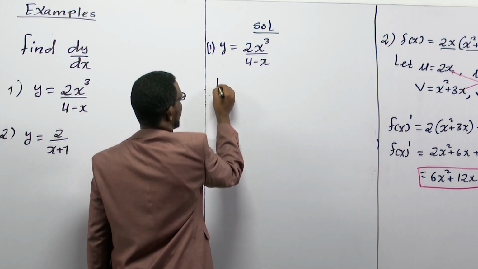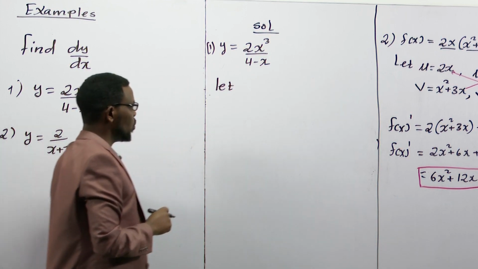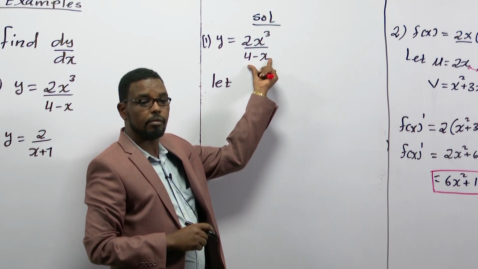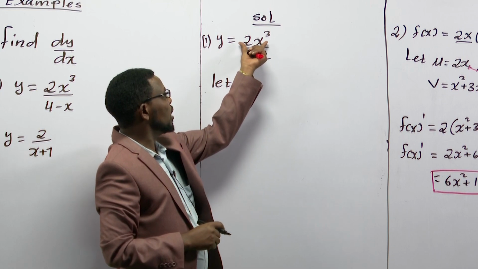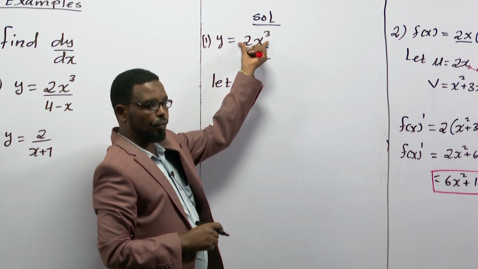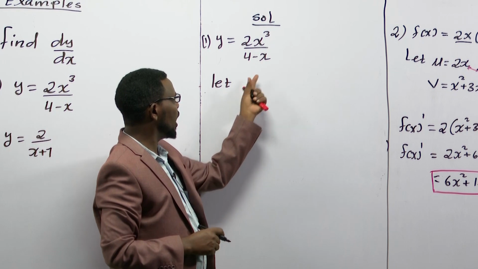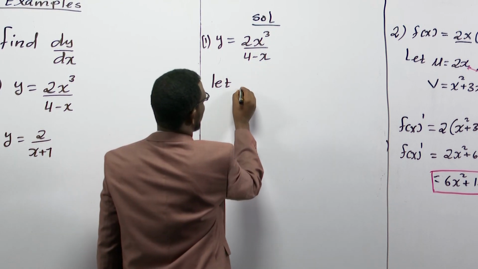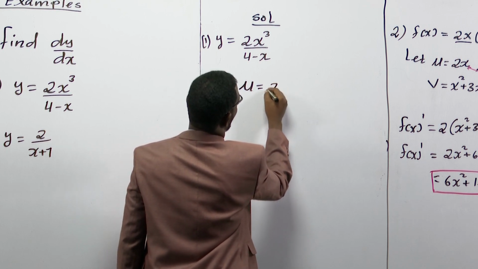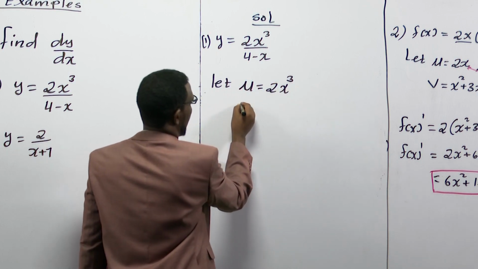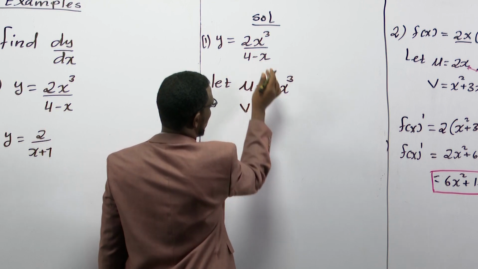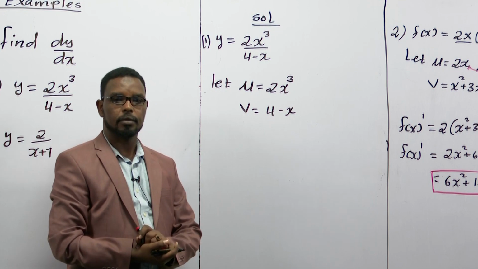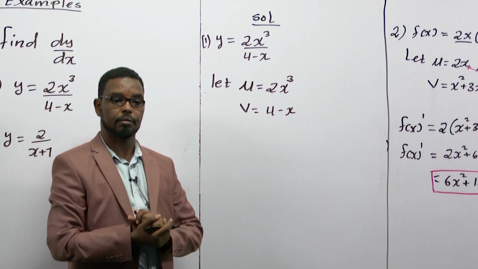Let us assume this is u and this is phi. The numerator function is u and the denominator function is phi. u is equal to 2x cubic and phi is equal to the denominator, 4 minus x. That is the first step.